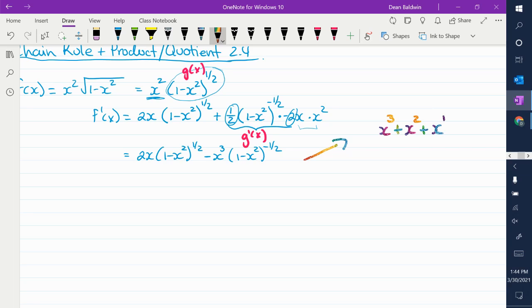And I asked you to factor something out of there. What would you factor out? Just an x. And so you'd write it like this. Turn into that, right? Okay.